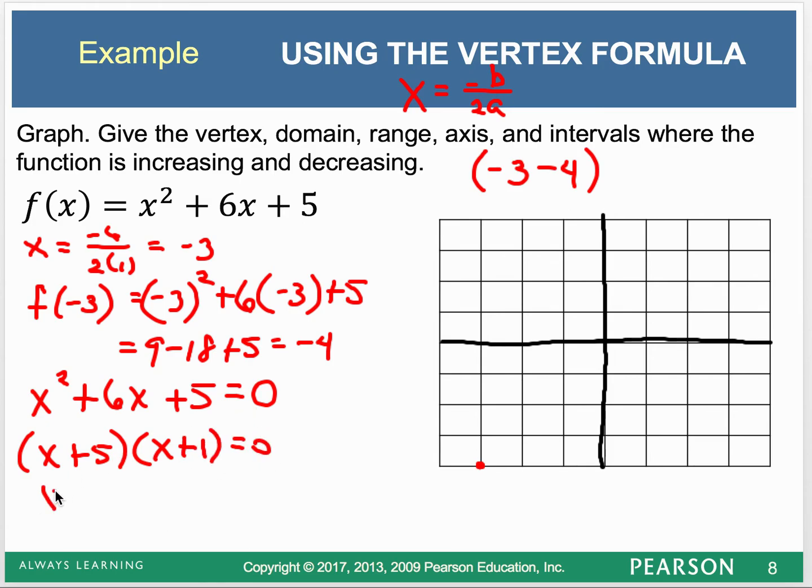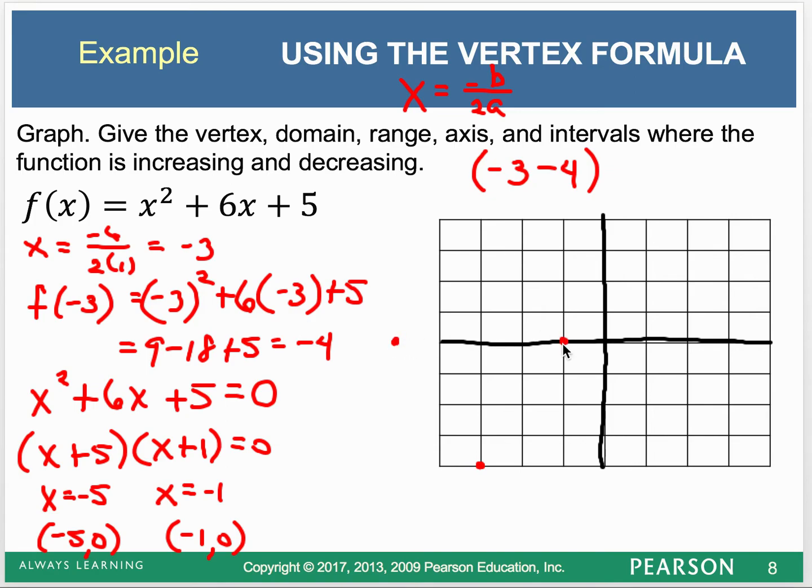So my x-intercepts are -5 and -1. -5, 0, and -1, 0. Remember, that's a point. If they ask what's the intercept, don't just say -5. It is the point -5, 0. So 1, 2, 3, 4, 5, and -1.